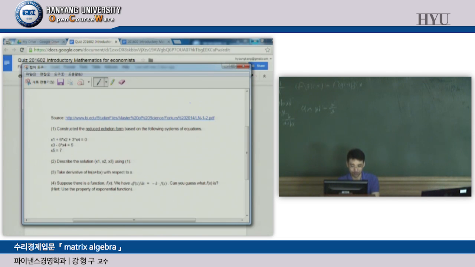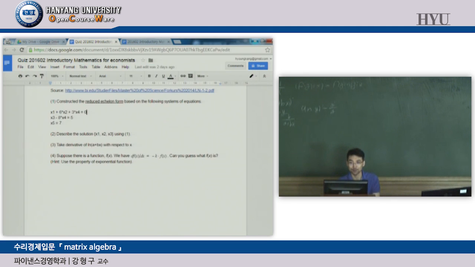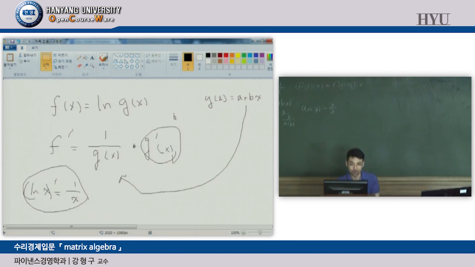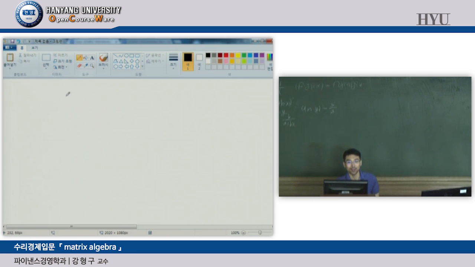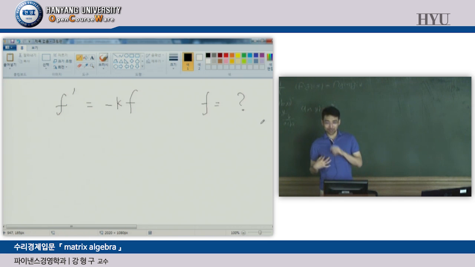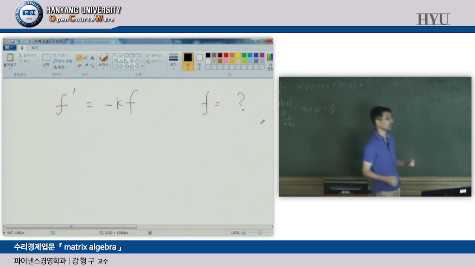I don't need this one either. Well, this one is that f prime is minus k f. And my question is, what is f? So I gave you information about the derivative, and I asked you to find f.